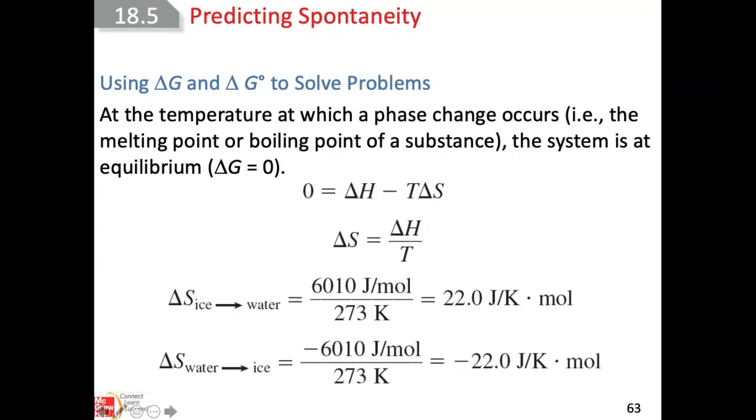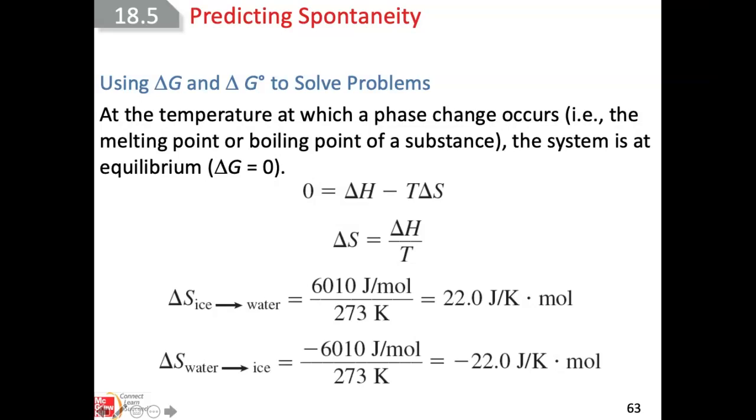That's what it says here. At the temperature at which the phase change occurs, the system is at equilibrium, and then delta G is 0. So you can always find the temperature for the equilibrium, or you can find the delta S. So at 273 K, 0 degrees Celsius, delta S of ice to water is 22 joules per K per mole.